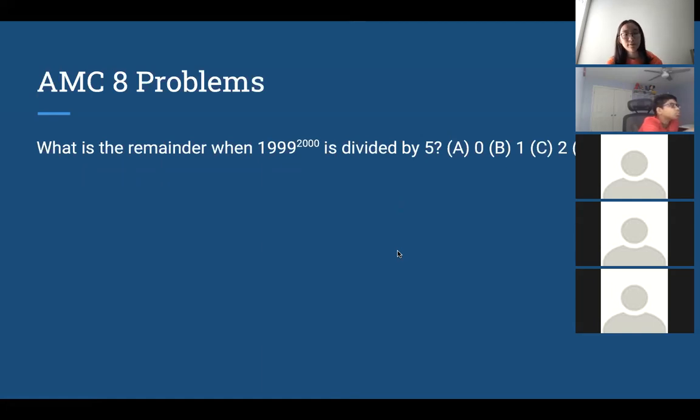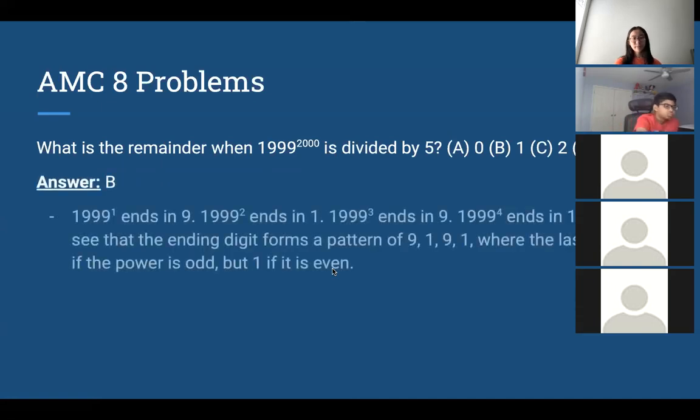The strategy for solving this problem is to use what you learned about finding the units digit of the number. Once you have the units digit, it's easy to see the remainder when divided by 5, because numbers divisible by 5 end in 5 or 0. So you're seeing how far away it is from 5 or 0. But we'll go through it step by step. The answer here is going to be B, a remainder of 1.